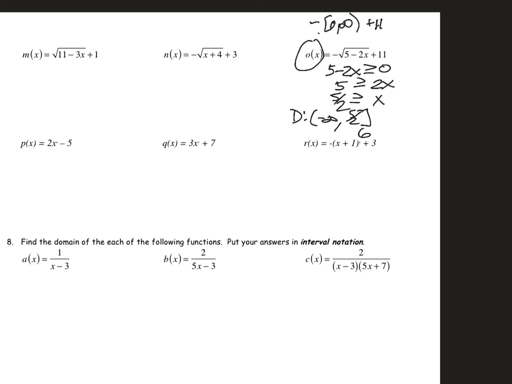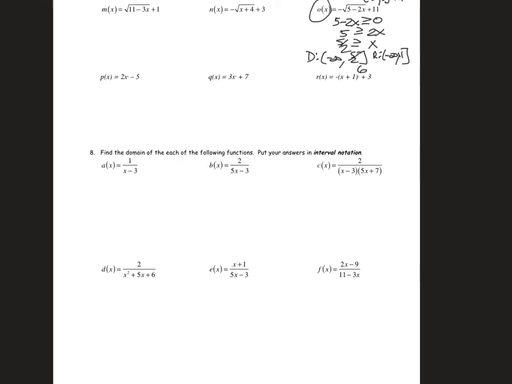So that's going to bring, instead of 0 to infinity, negative infinity to 0, plus 11. And so my range in this case is going to be negative infinity to 11 with a bracket. So that's the systematic approach that you would do with these types of problems.